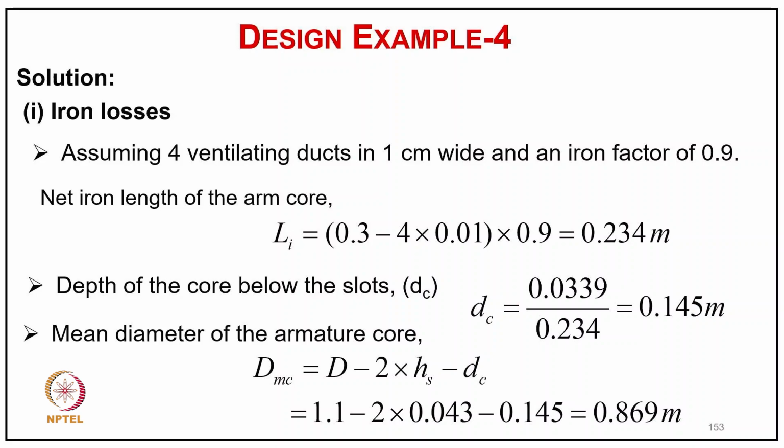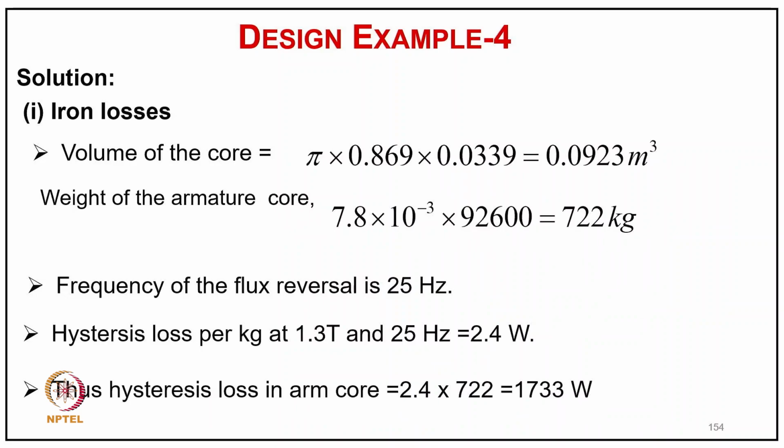The mean diameter of the armature core is DMC equal to D minus 2HS minus DC, and putting in the values it comes to 0.869 meter. Now the volume of the core, putting in the values, comes to 0.0923 meter cube, and the weight of the iron, multiplying by density, comes to 722 kg. The frequency of flux reversal is 25 Hz.